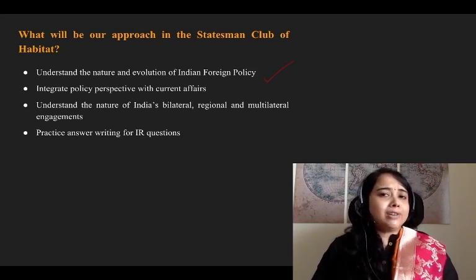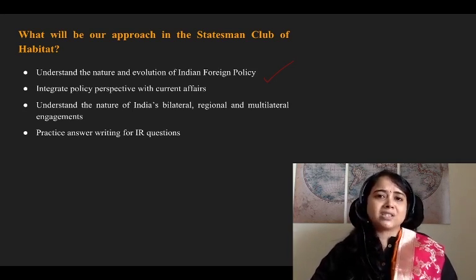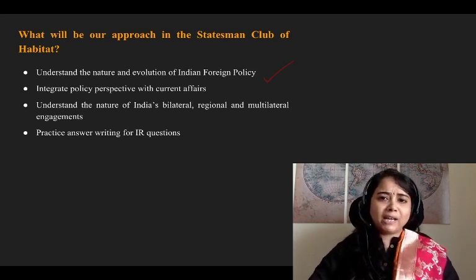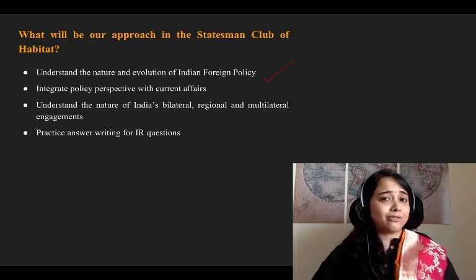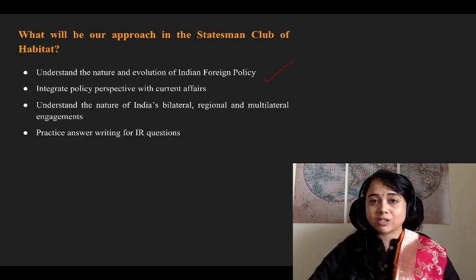See, international relations is not merely about mugging up some agreements and some bilateral visits or some MOUs that are signed between countries. That is just an amalgamation of current affairs. That is not foreign policy, that is not international relations.